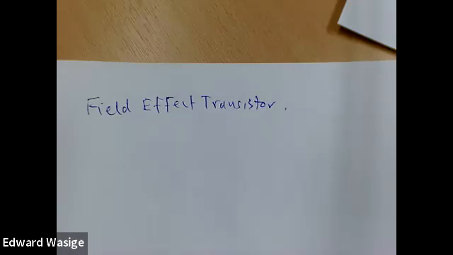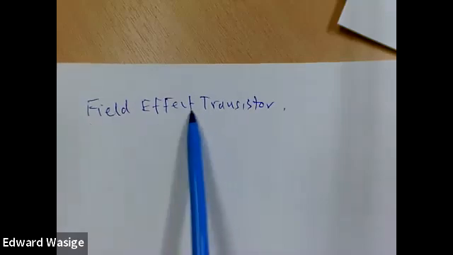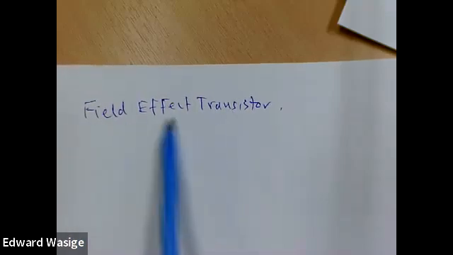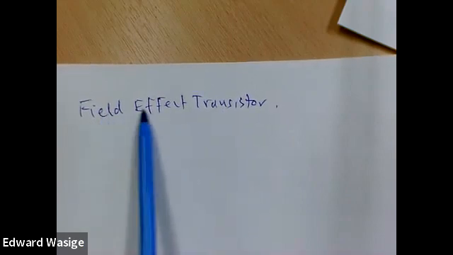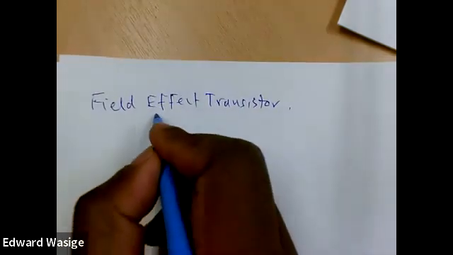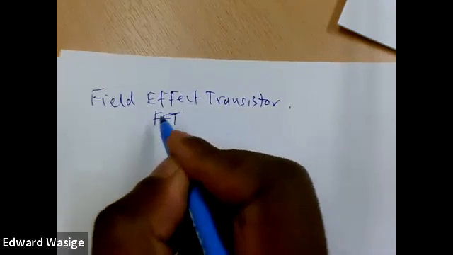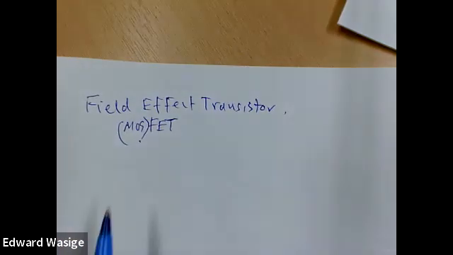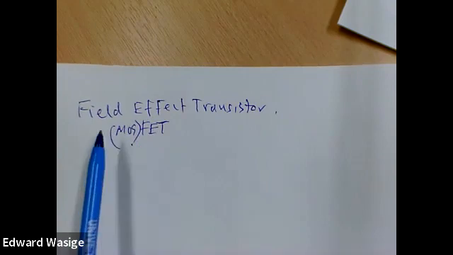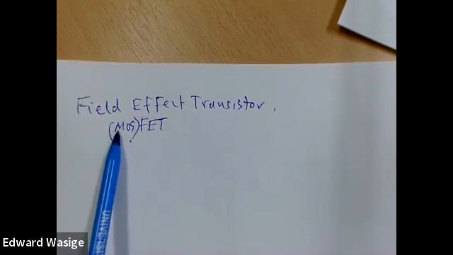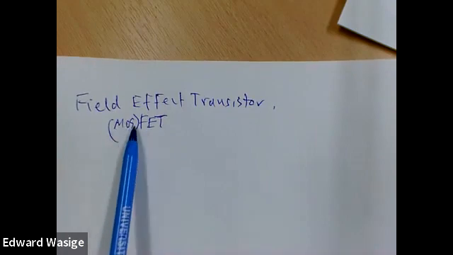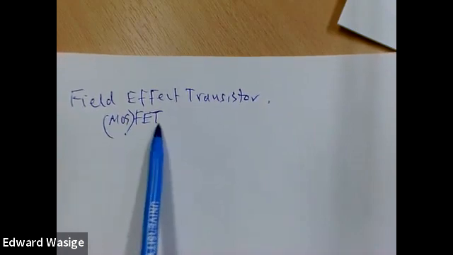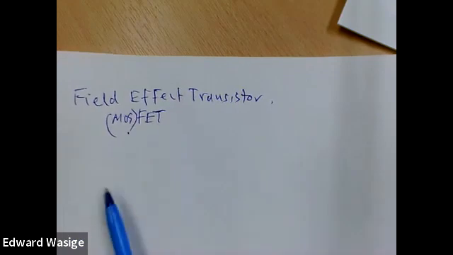Even though no DC current flows, we are able to control the DC current between the drain and the source. That's partly the reason the transistor has the name field effect transistor. So it's called a FET, and then we add the MOS. This part just says what the gate is doing. The gate is connected to the metal, and there's an oxide between it and the semiconductor. Then we have the transistor, so we have the MOSFET.